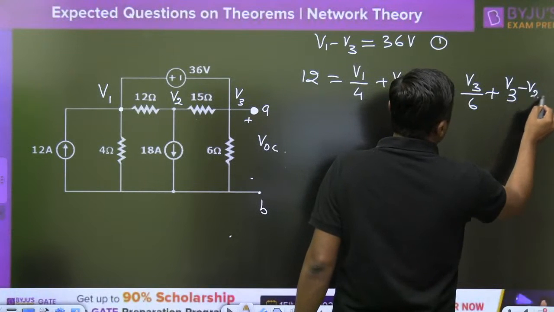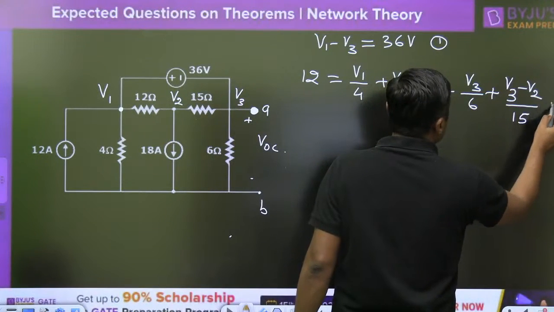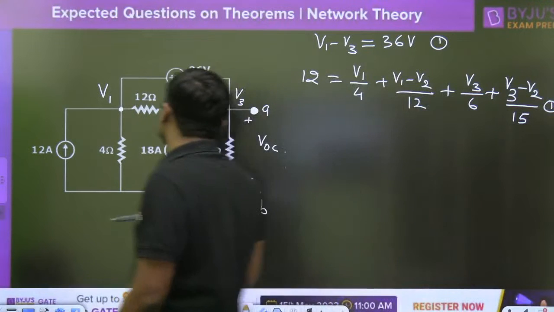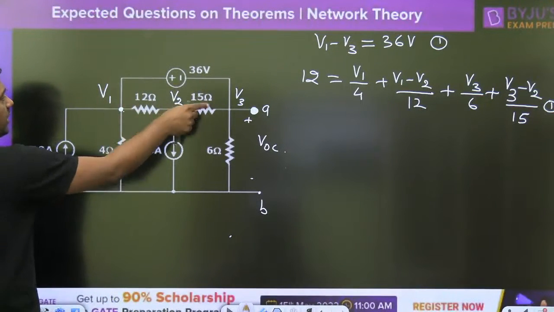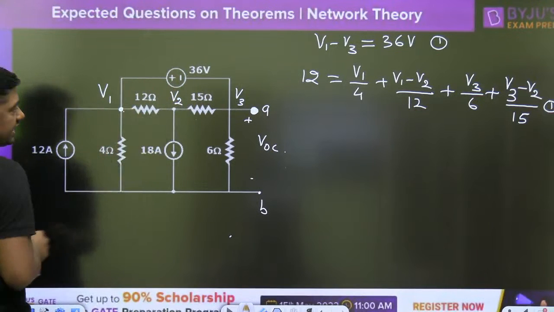That is the KCL at these two nodes simultaneously. This is called super node analysis. V1 minus V3 is equal to 36 volt. That is the second equation.